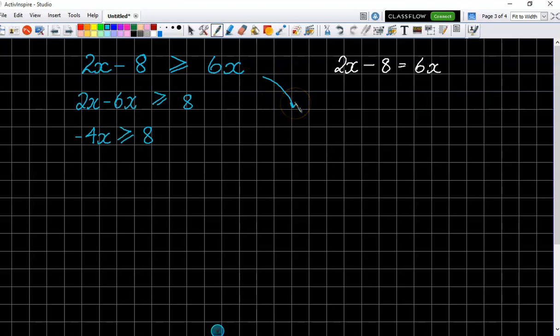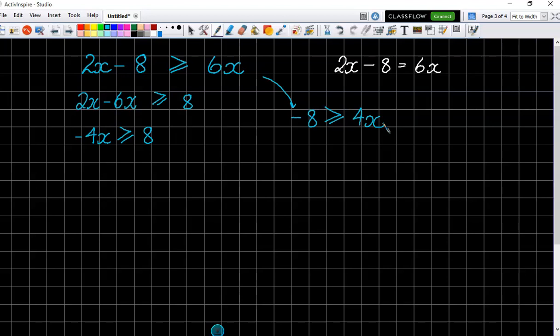Now, for those of you, some of you went, I didn't want to put the x on the left. I wanted to go to the right. Fair enough. Because how do you get rid of the 2x? You take, so we've still got the negative 8 here. We've got that's greater than or equal to 4x.